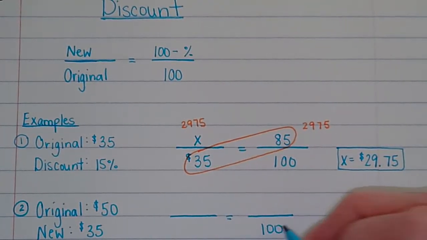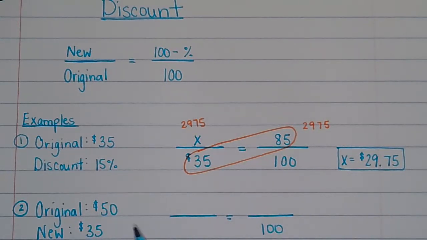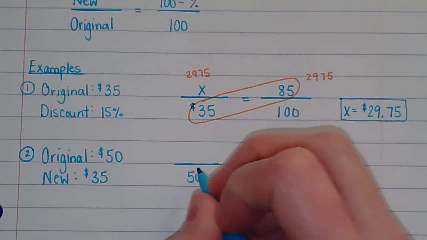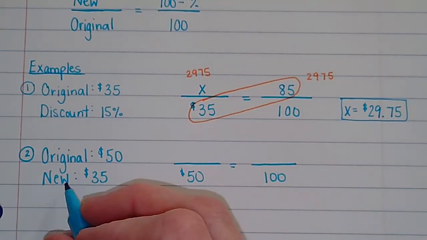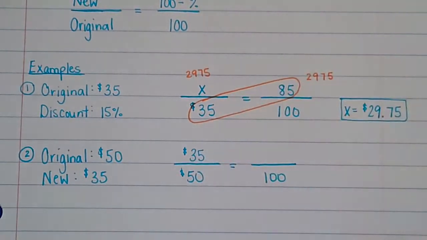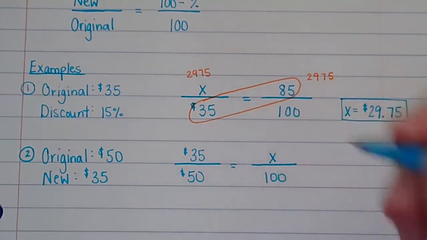Now the 100 goes here. Original is on the bottom, so I'm going to put 50 on the bottom. And then my new price, that goes on top. So this time I'm missing the percentage.